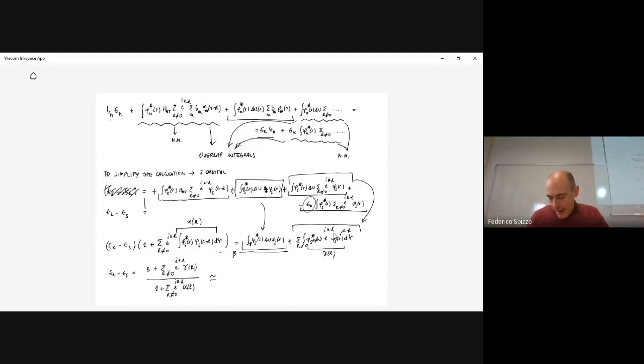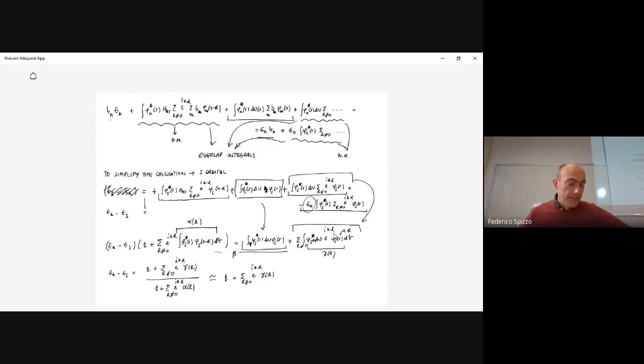So if the overlap is small, as you expect for orbitals used in the tight-binding approach, then in general one assumes that the denominator is equal to 1. So one in general neglects the summation over R at the denominator. So this is in general written as beta plus summation over R different from 0 of e to the i k R gamma of R.